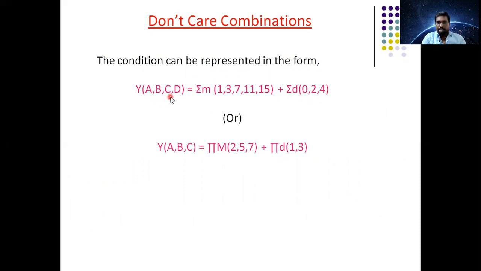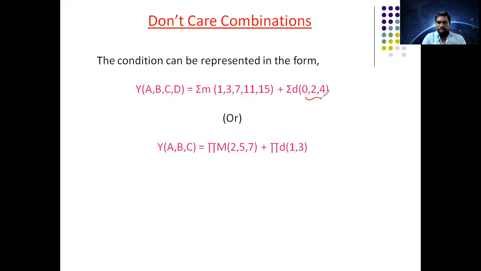Among the 16 cells of the four-variable A, B, C, D K map, cells 1, 3, 7, 11, 15 should be replaced with 1, because it is SOP. Cells 0, 2, 4 come under the don't care category, so they should be replaced with capital X.